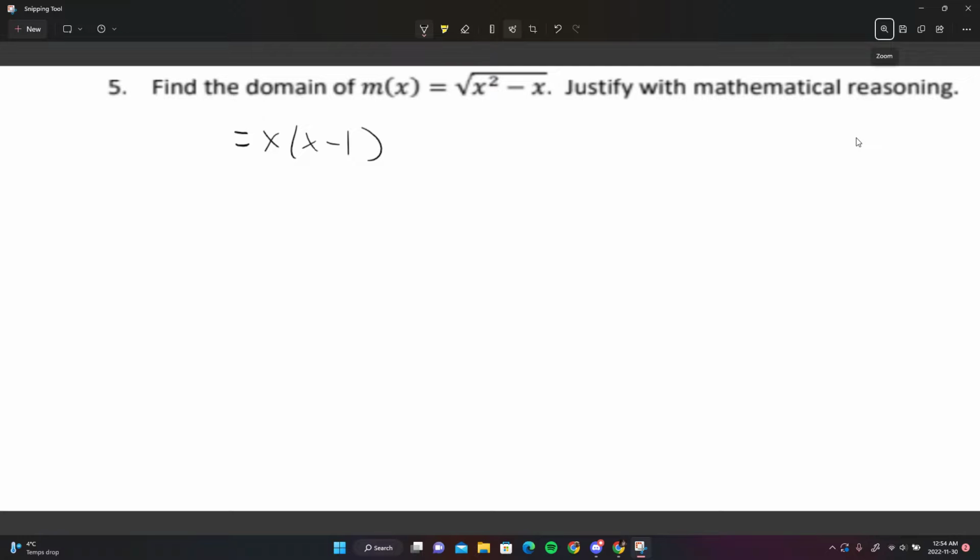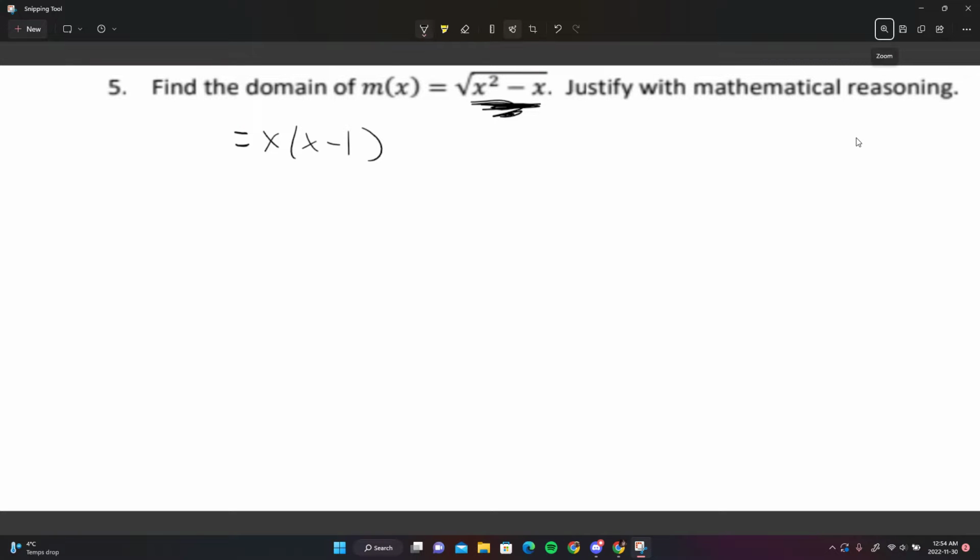But before we plot anything on our graph, the square root is actually important, and it tells us what we can't have on our graph. Since the square root of a negative number would be an imaginary root, we can't have any negative numbers inside our square root.